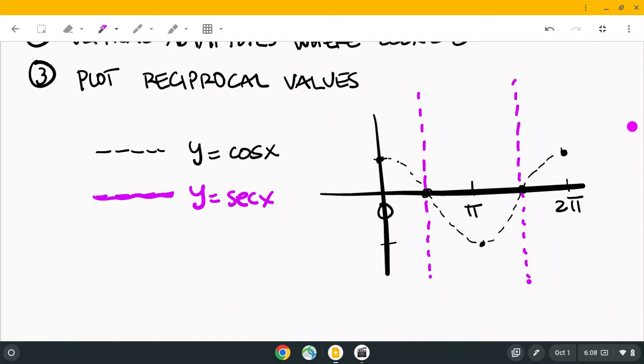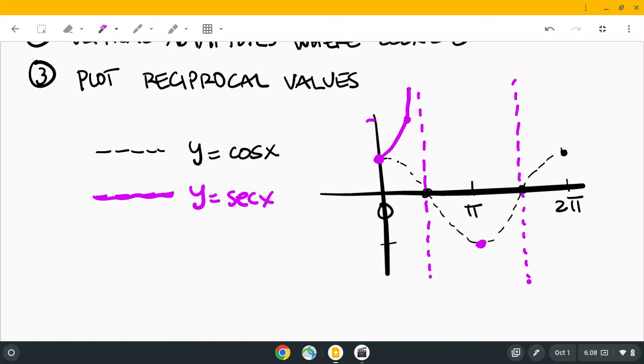Okay, and then we'll plot the reciprocal values. So again, the reciprocal of 1 is 1, so we will have a point right there. Over here is 1/2. Cosine of 60 is 1/2, so the reciprocal will be 2. So it's like we have the right side of the parabola looking thing. Okay, so over here, again, reciprocal of -1 is -1.